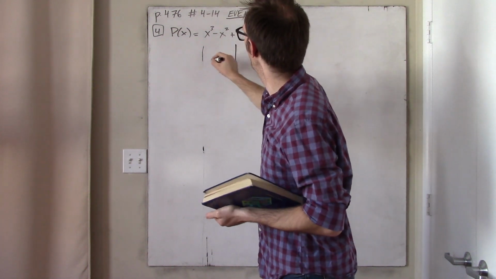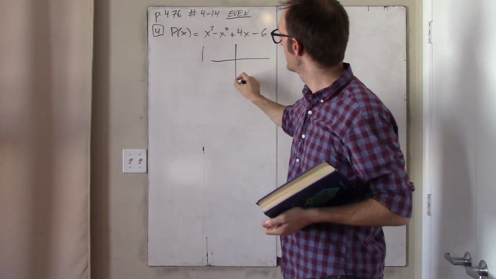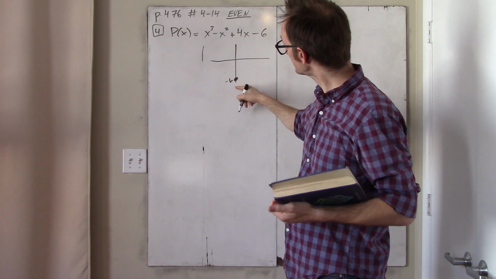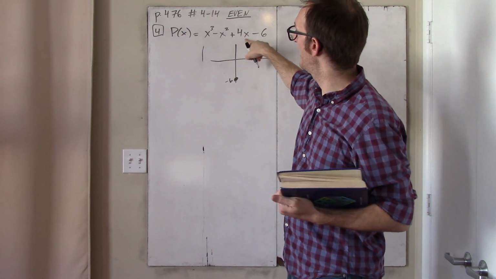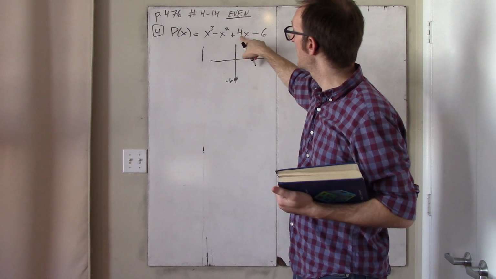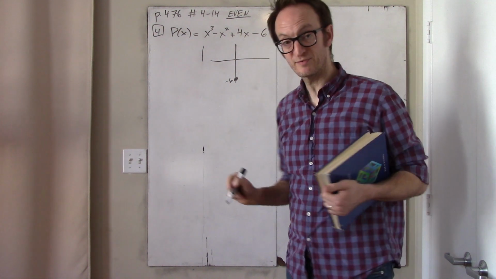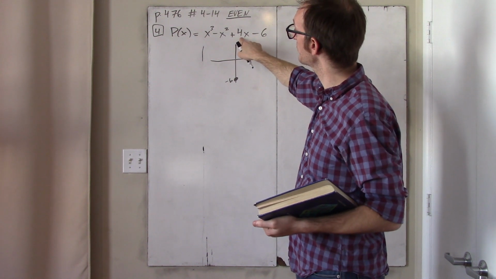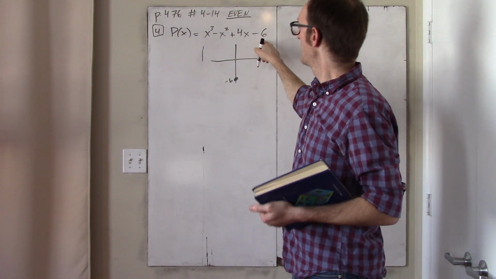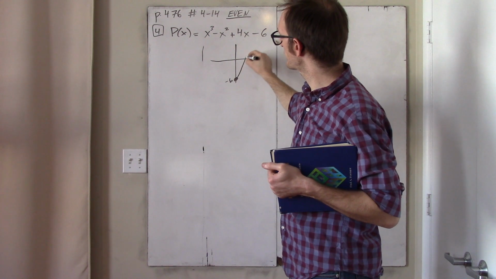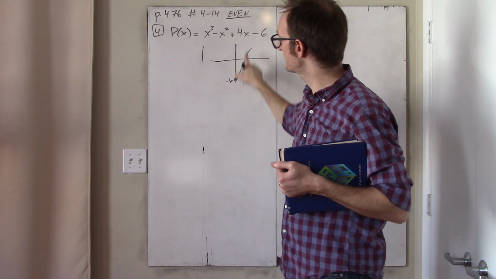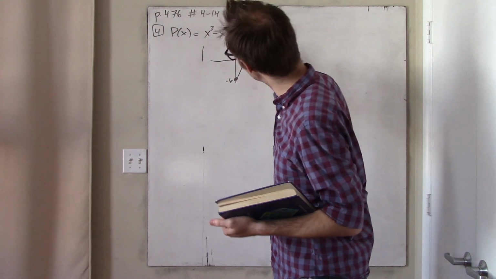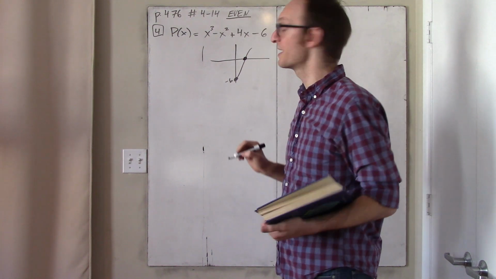for this one problem, I'll go through the logic again. We're down here at negative 6 when x is 0, but for positive x values, 4x will contribute positively towards this polynomial. So as x gets bigger and bigger, this linear term will dominate over this constant term, so we should expect this function to go up, up, up, and as it's headed towards the x-axis, it might cross the x-axis, giving us a root, but it might not.